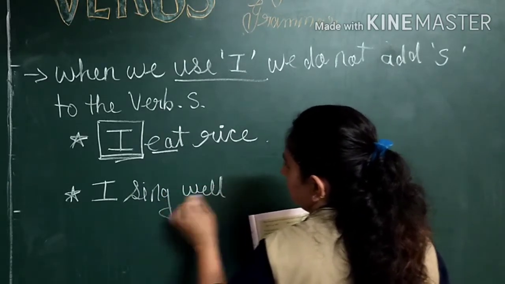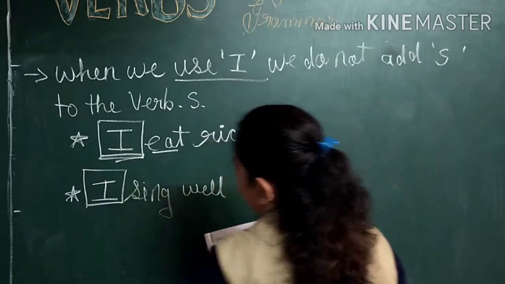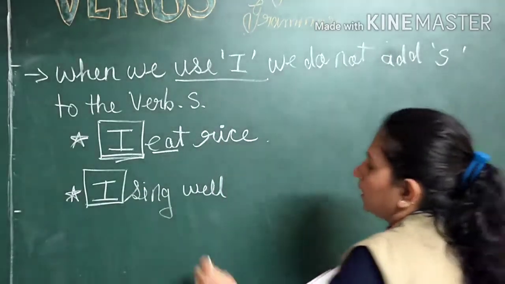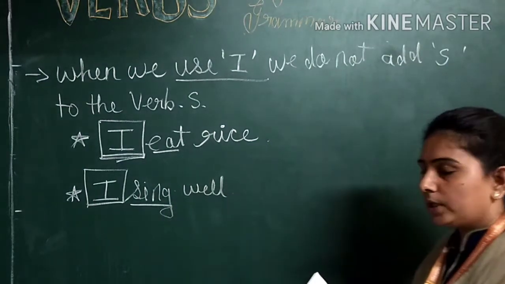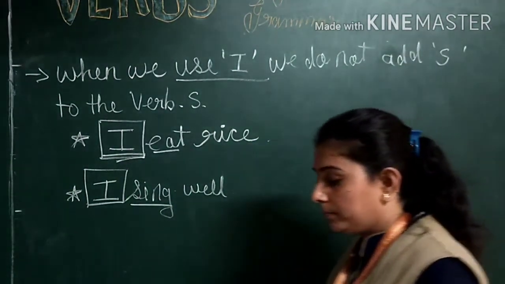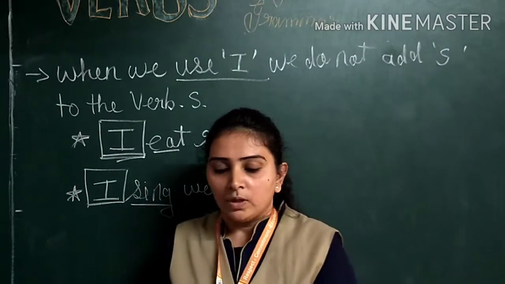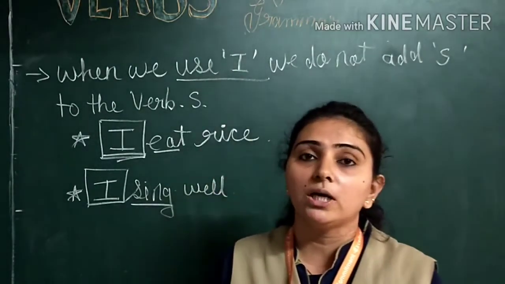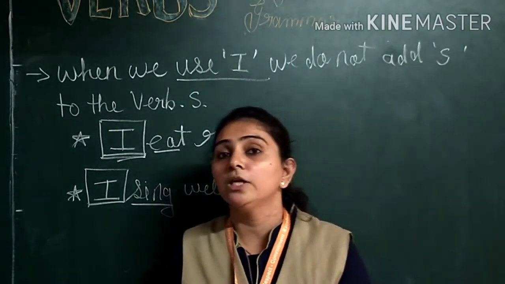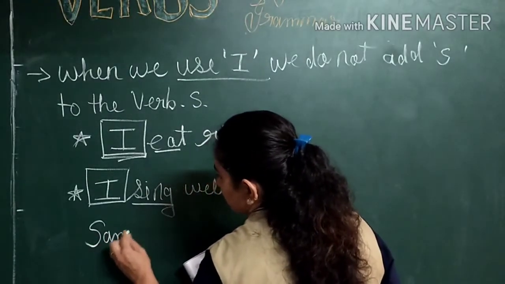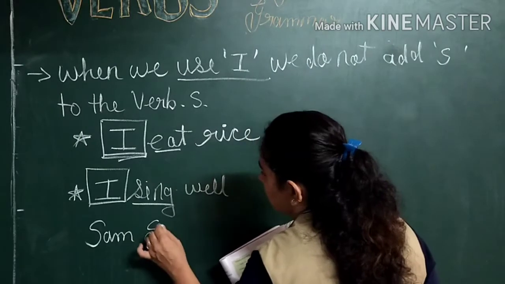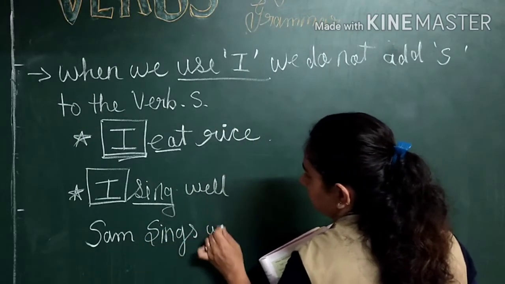So here also I have used I. So I के साथ मैंने sing is my action, so I have not used s over here. If you remember, एक sentence था हमारा कि in the first, when we are talking about one person, in that the name of the child was Sam. Sam sings well. ऐसा sentence था, right?